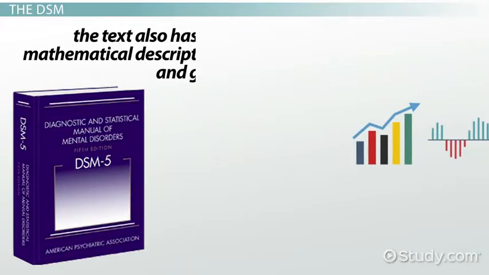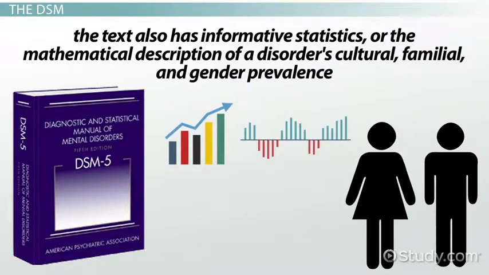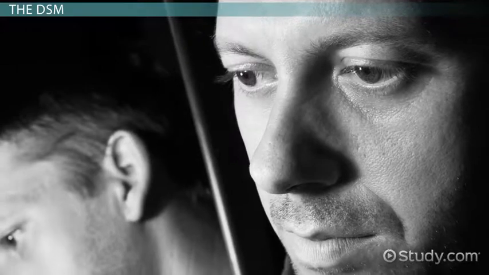As we mentioned, the text also has informative statistics, or the mathematical description of a disorder's cultural, familial, and gender prevalence. For example, about 1% of the population has schizophrenia, but if your twin sibling has it, your chances go up to about 50%.